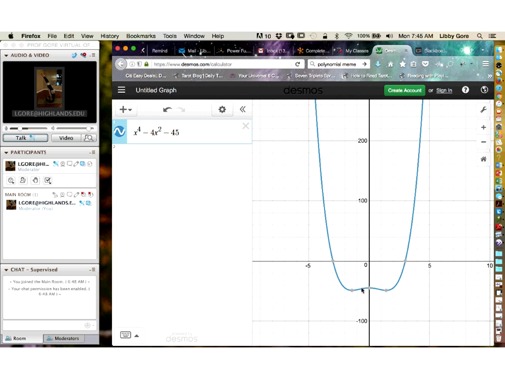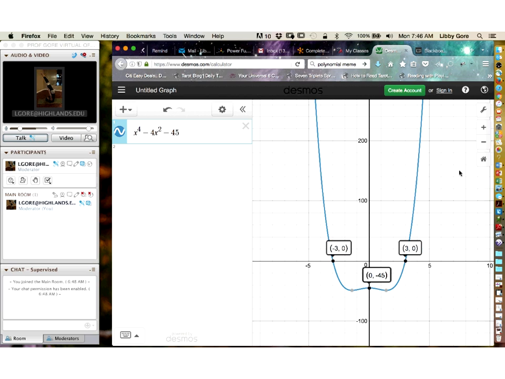I have a y-intercept at, see if I can get it to register there. Okay, there we go. Negative 45. And I have an x-intercept at negative 3, 0 and positive 3, 0.